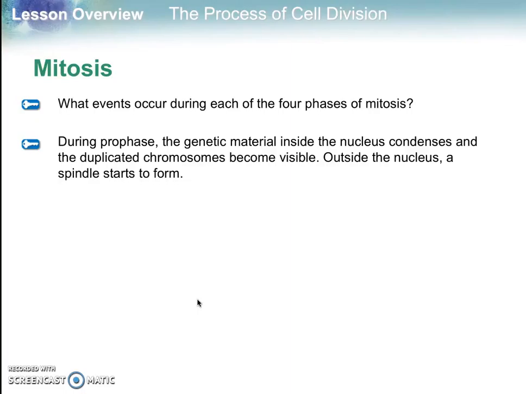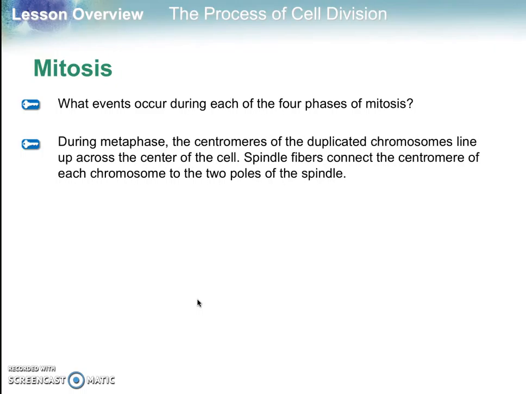During prophase, the nucleus condenses and the duplicated chromosomes become visible. Outside the nucleus, a spindle begins to form. During metaphase, the second stage, the centromeres of the duplicated chromosomes line up across the center of the cell.